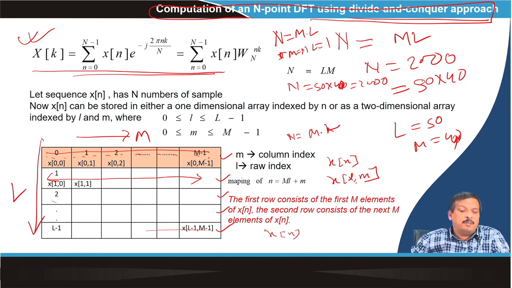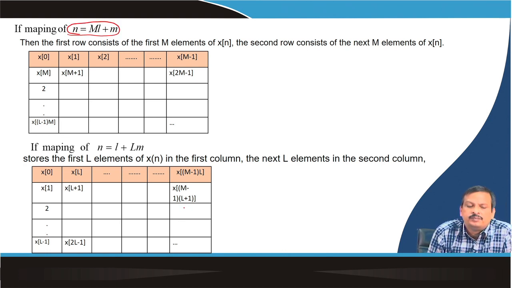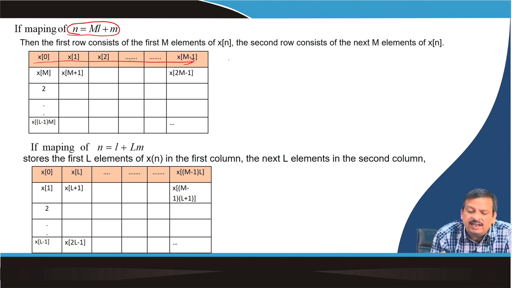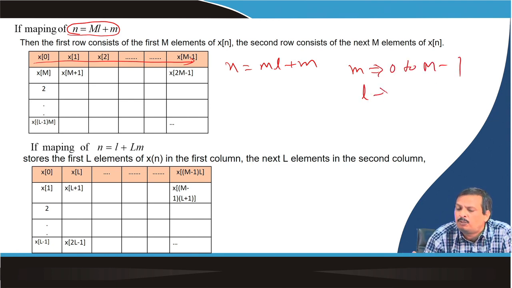So let us say my mapping is n is equal to Ml plus small m. I am storing the data row wise, so n is equal to M into small l plus small m. Small m varies from 0 to M minus 1 and small l varies from 0 to L minus 1.